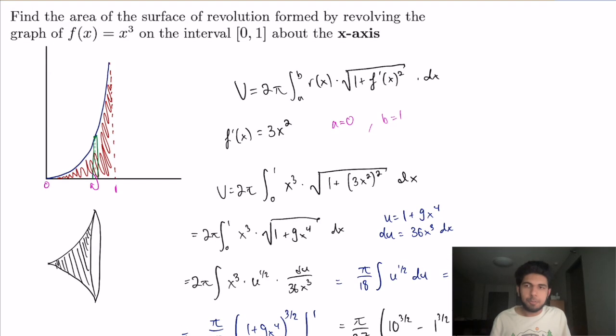So again, very formulaic with how we're doing things, but again, it's just obtaining the correct values. So in this case, you can see that the hard thing to obtain will be our r of x value, but that just follows from how we did volumes. It's the same idea of finding that r.